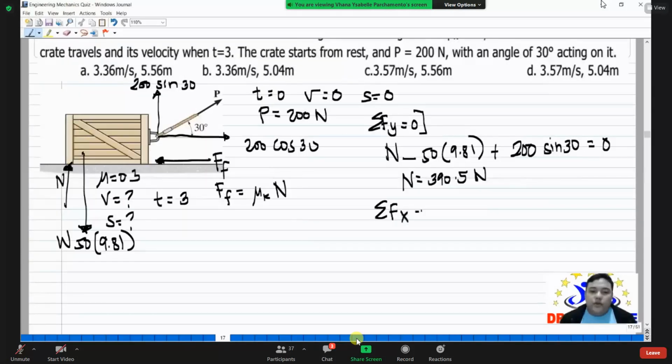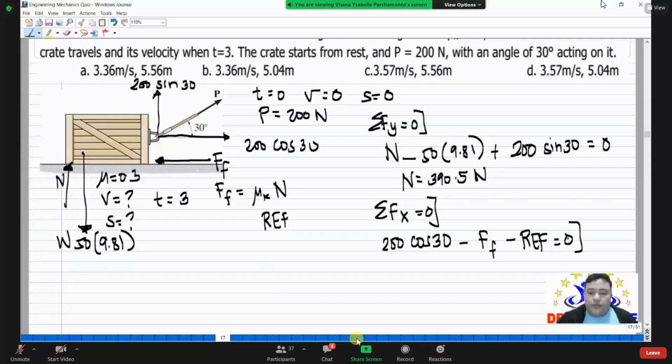So, therefore, summation of your x equal to 0. So, since we have movement of our object, that means we have what we call REF or reverse effective force. So, that is on the horizontal because that is what affects our motion. So that is 200 cosine 30 minus our friction force, FF, minus our REF is equal to 0.